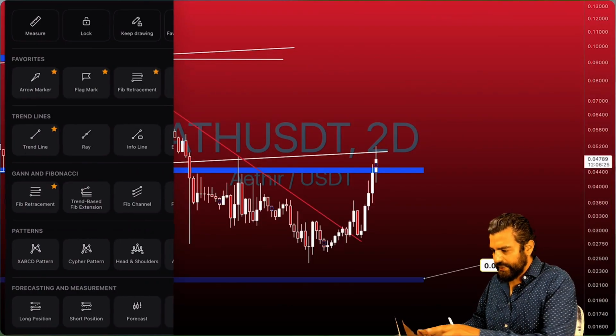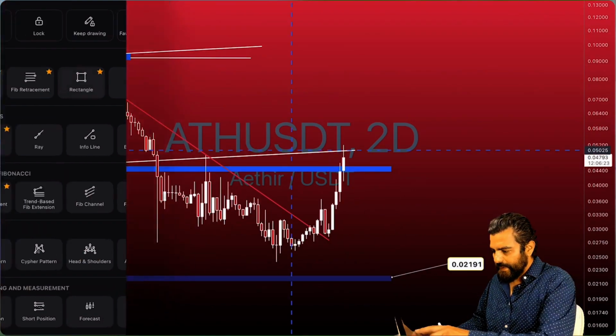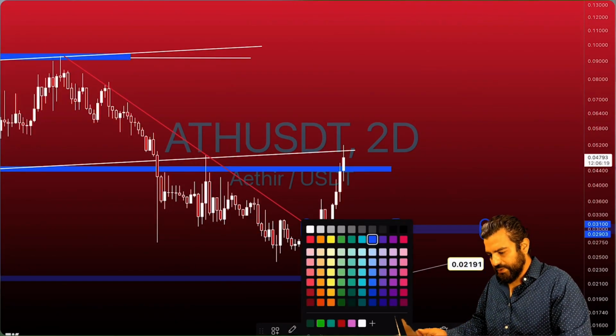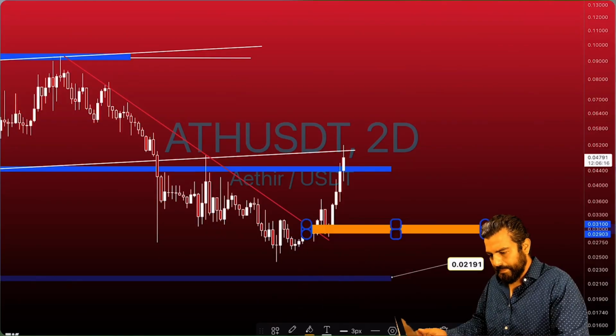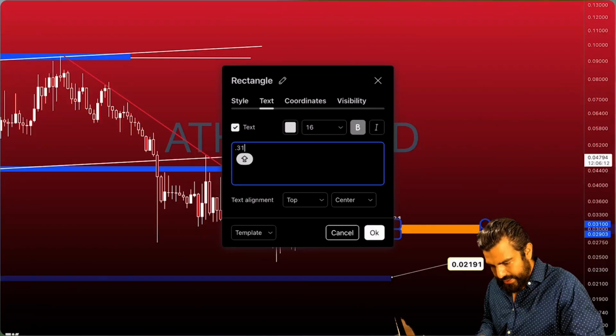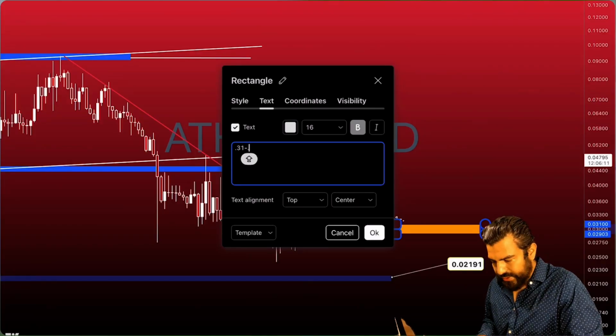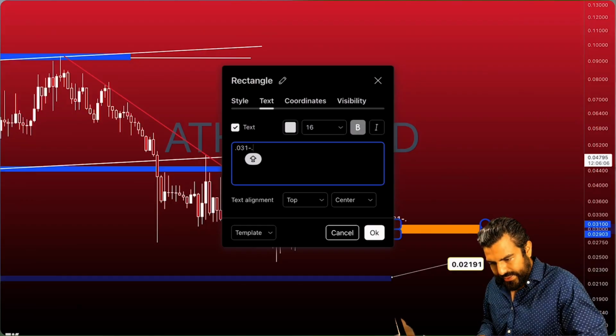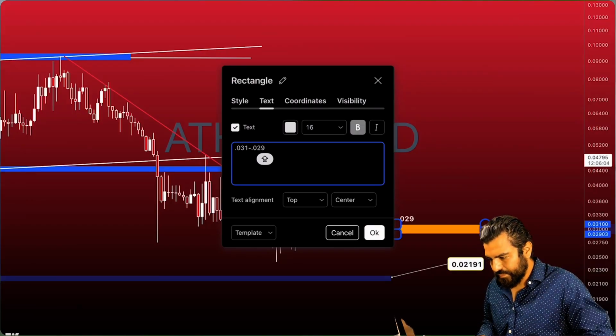Okay, so let's draw our sword cut in the relevant area. It should be about right there. Make it orange, bring up the color, give you the prices, 0.031 to 0.029.